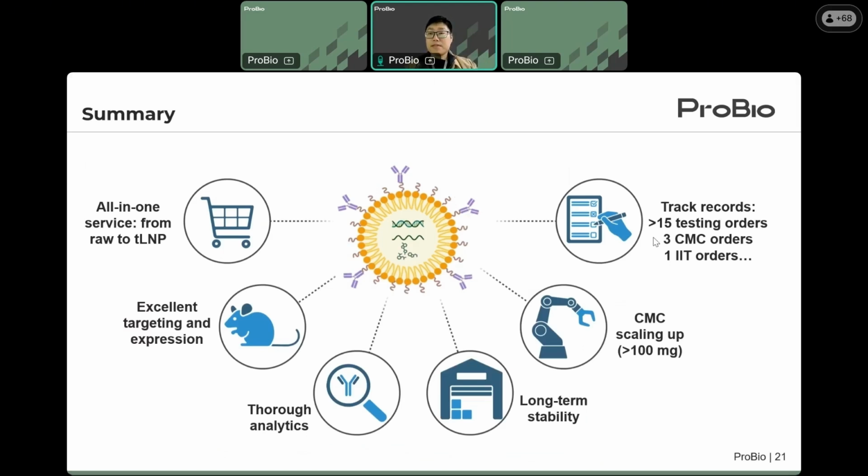I want to emphasize that we have more than 20 testing orders so far, because we receive at least 2 or 3 testing orders per week right now. And now we have 3 CMC orders and 1 IIT order undergoing.